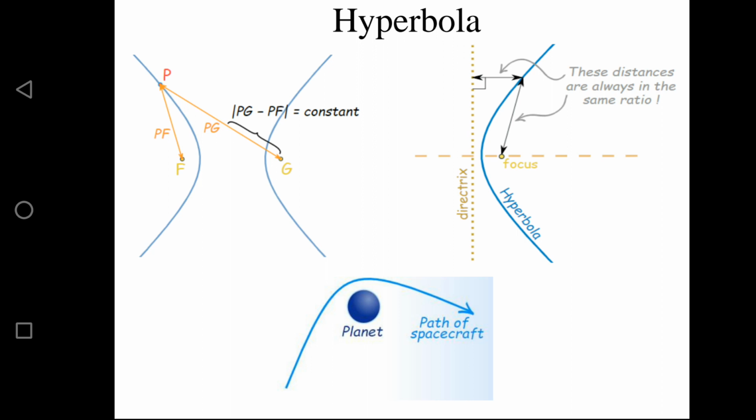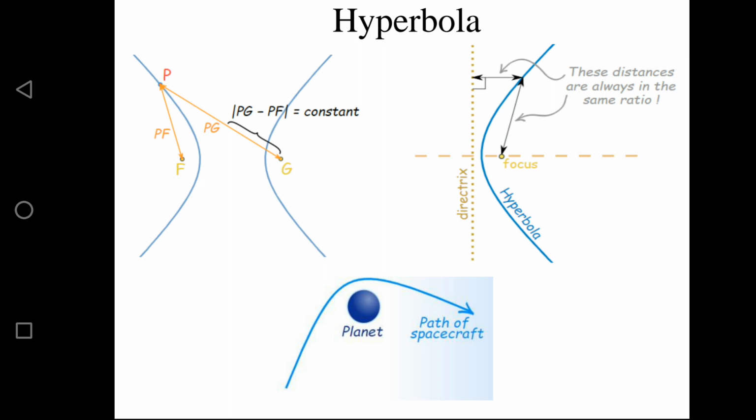If I tell you it has a ratio of 1:2, it means that if the perpendicular distance between any point on the hyperbola and the directrix is 10 mm, then the distance between the focus and that point is 20 mm, because it has a ratio of 1:2. So these distances are always in the same ratio.